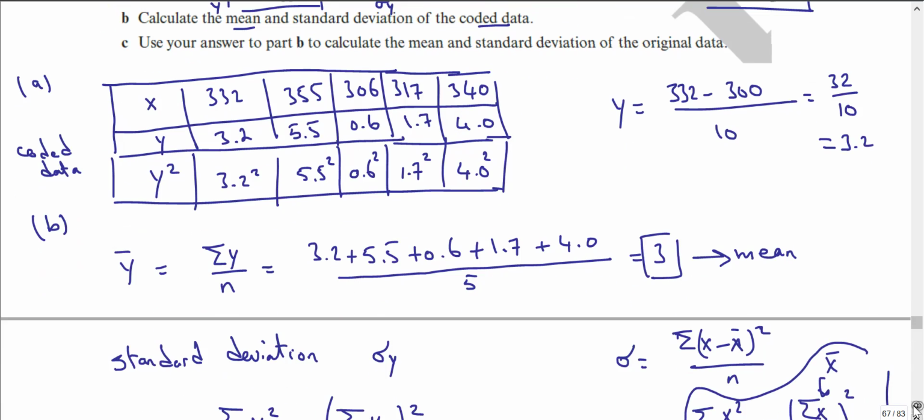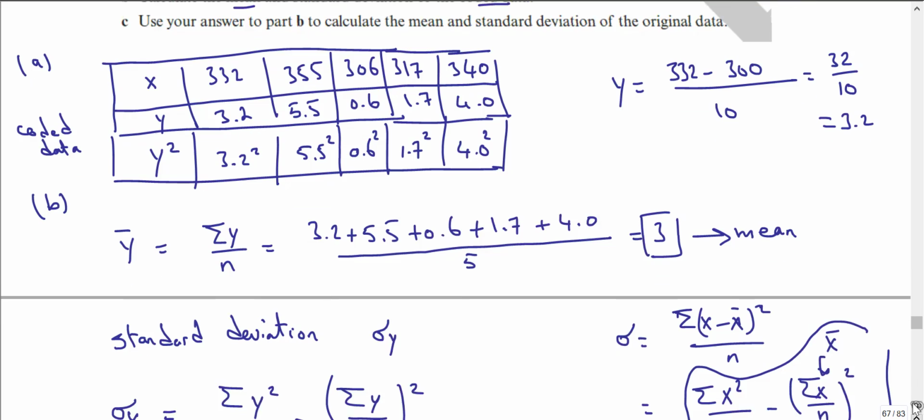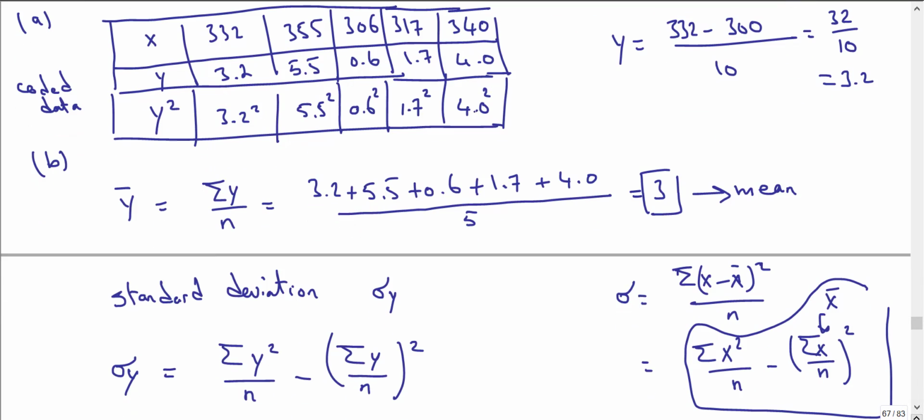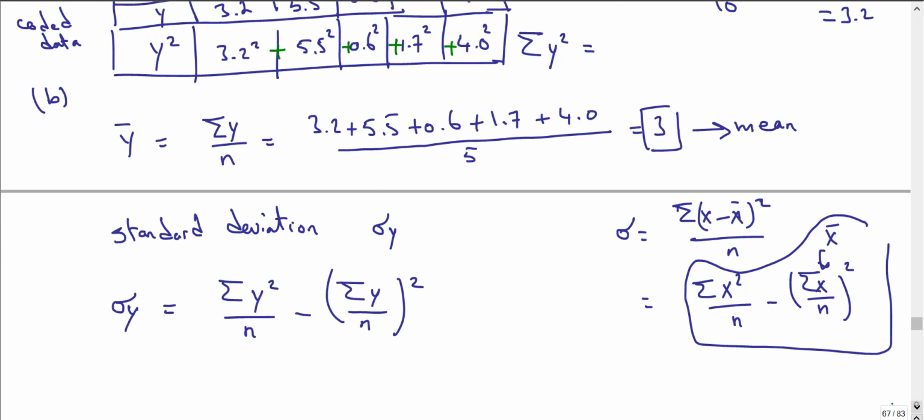You write the values in the table. Then you do sigma y squared, which means you add all of them together.